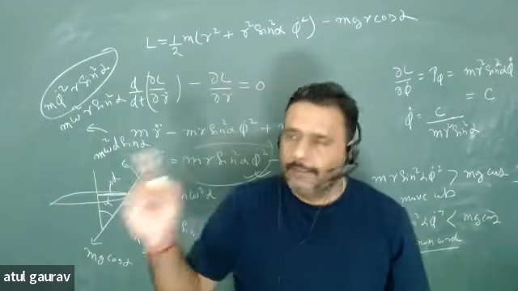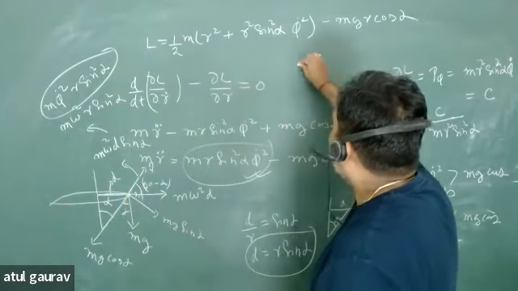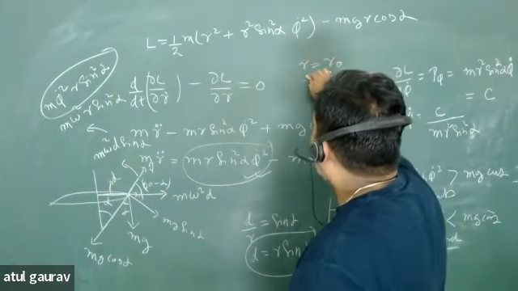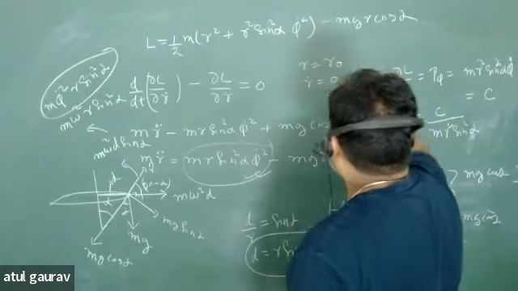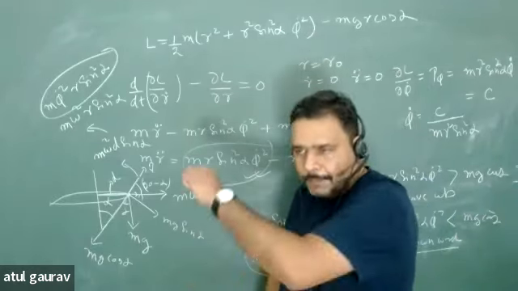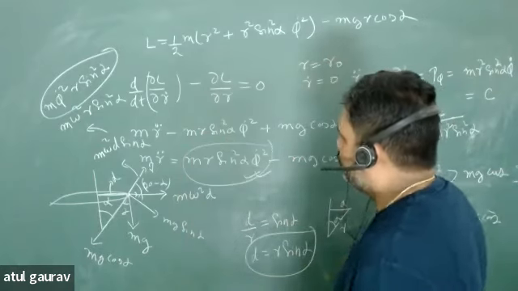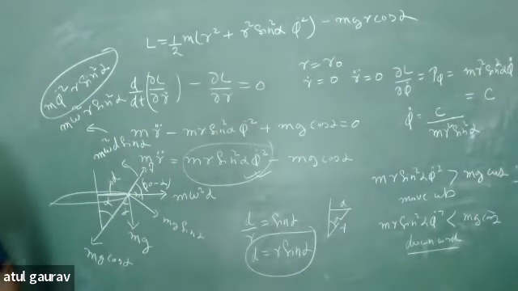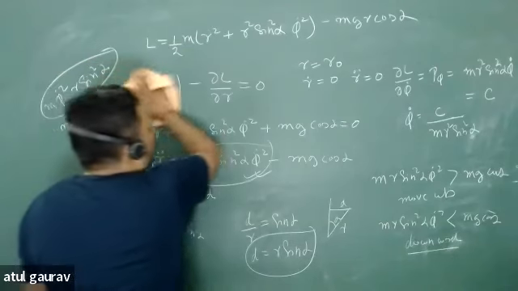So at some particular r equal to r naught, you can have r dot equal to 0 and r double dot equal to 0, because it neither moves up nor goes downward. So this value is r naught. We can put it here and get the condition of circular orbit. I am just removing this part.